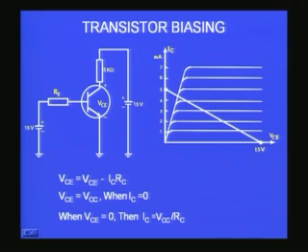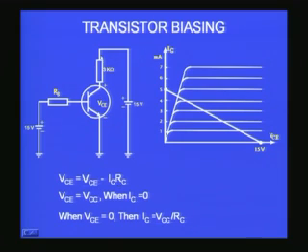But for a given value of RC and VCC, I will get a very specific load line. How do I do that? Now, let us assume IC becomes 0, that means there is no current through the collector. When will that happen? That will happen when there is no base current, or the base current is too small to switch on the transistor, to forward bias the transistor. Then IC will become 0.